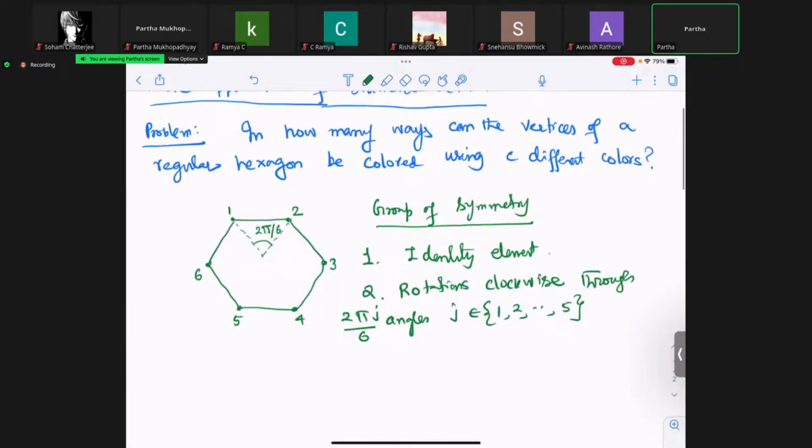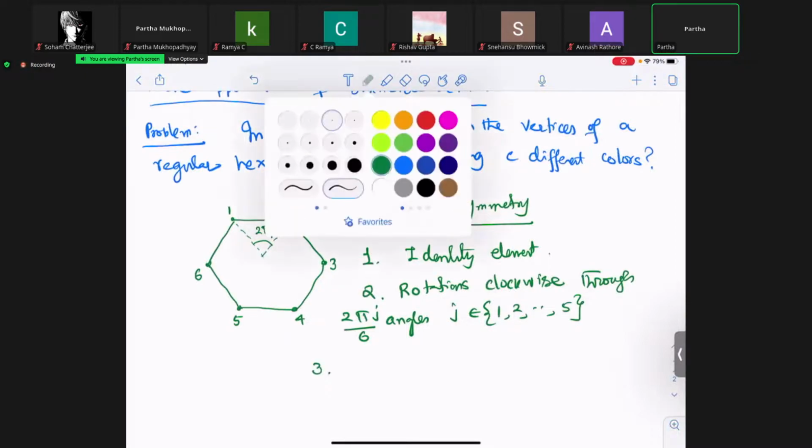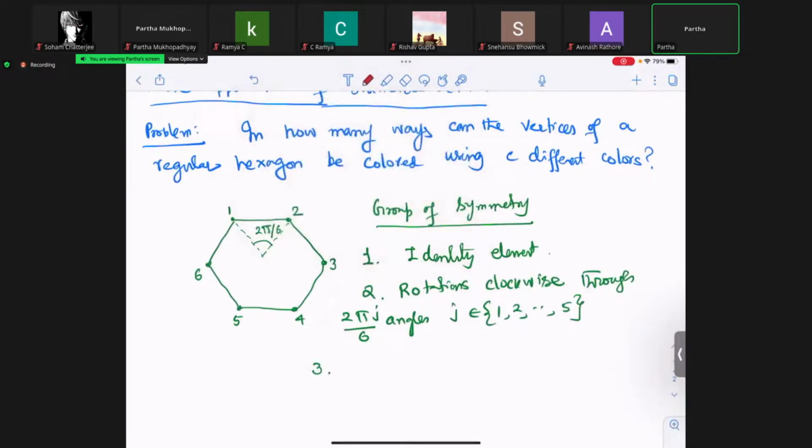And then there will be some reflections, right? So let's look at a reflection. If you connect 1 to 4, you can reflect it along this dotted line, or along 2 to 5. My drawing is not perfect, it should be a straight line, and you can reflect it through these.